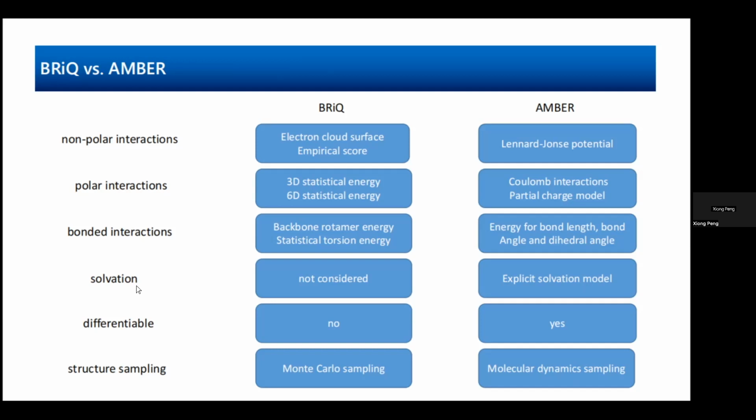And for solvation, currently we haven't added the solvation effect to our energy function, while Amber usually uses an explicit solvation model, for example, TIP3P or others. Our energy function is not differentiable, so we can only do structure sampling using MC sampling. But Amber is differentiable, so it can do molecular dynamics simulations.